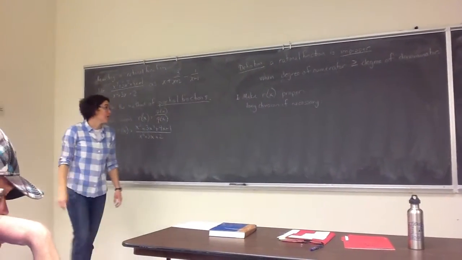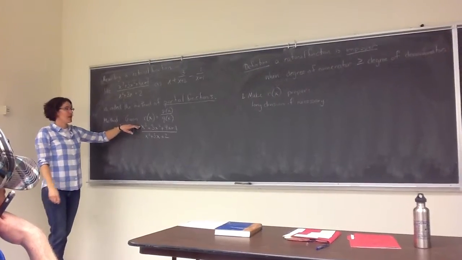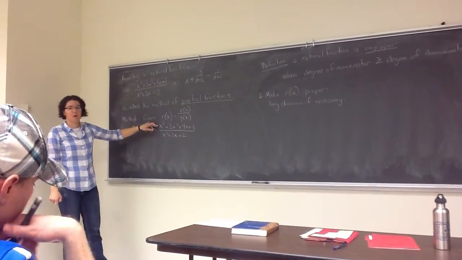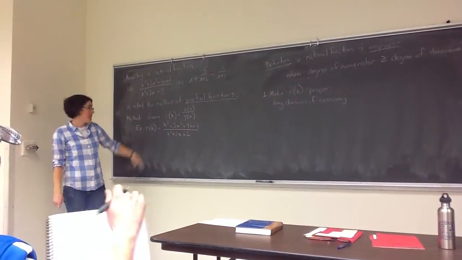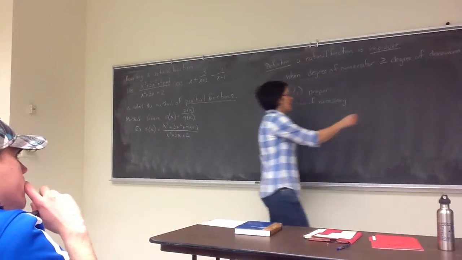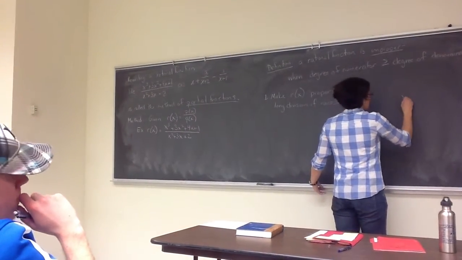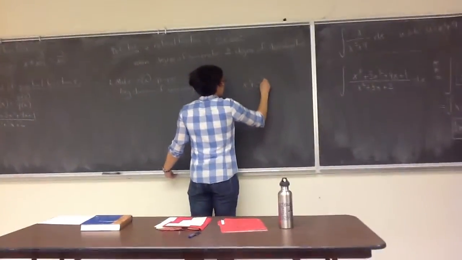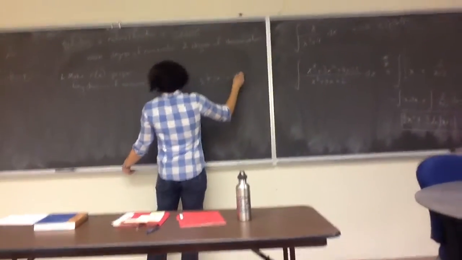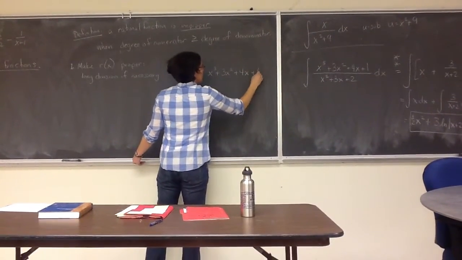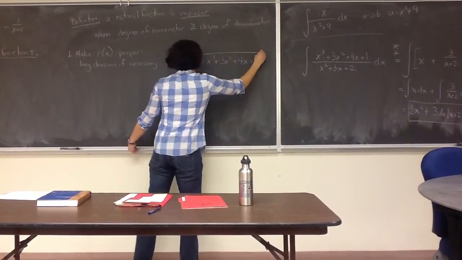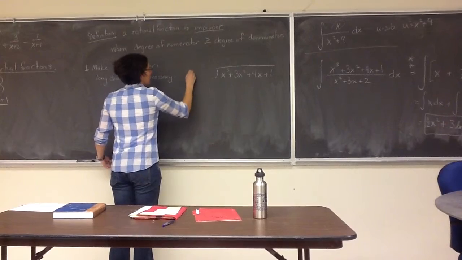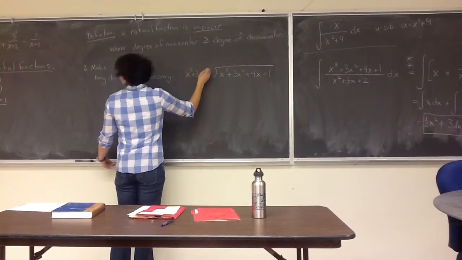So here's how this works. I'm taking my top, the x cubed plus 3x squared plus 4x plus 1, divided by the bottom. So I write this out using long division notation. I've got the x cubed plus 3x squared plus 4x plus 1, and we are dividing that by x squared plus 3x plus 2.